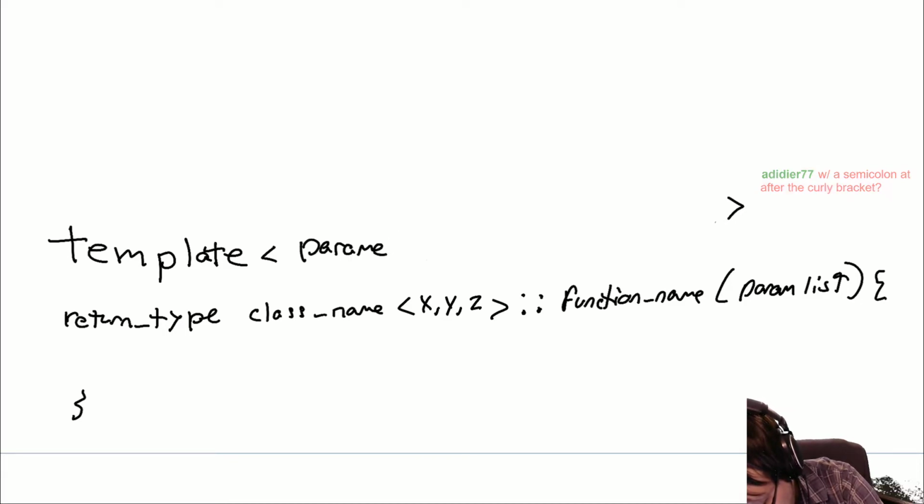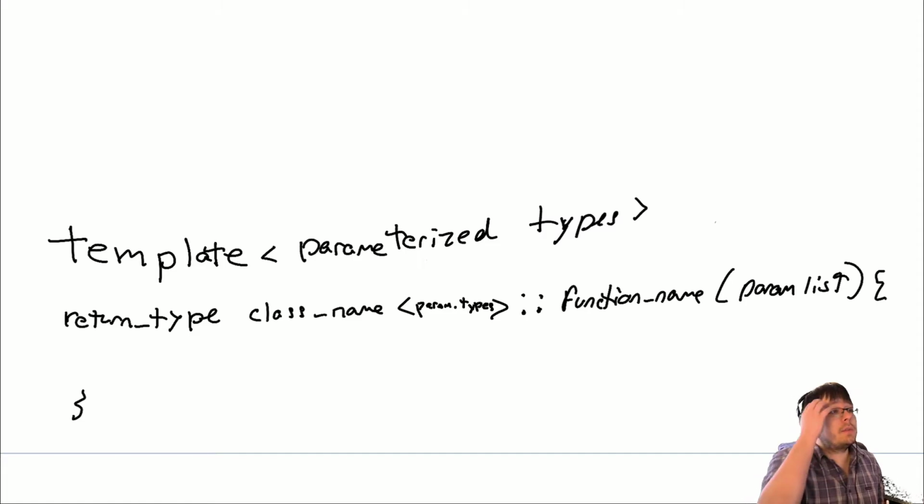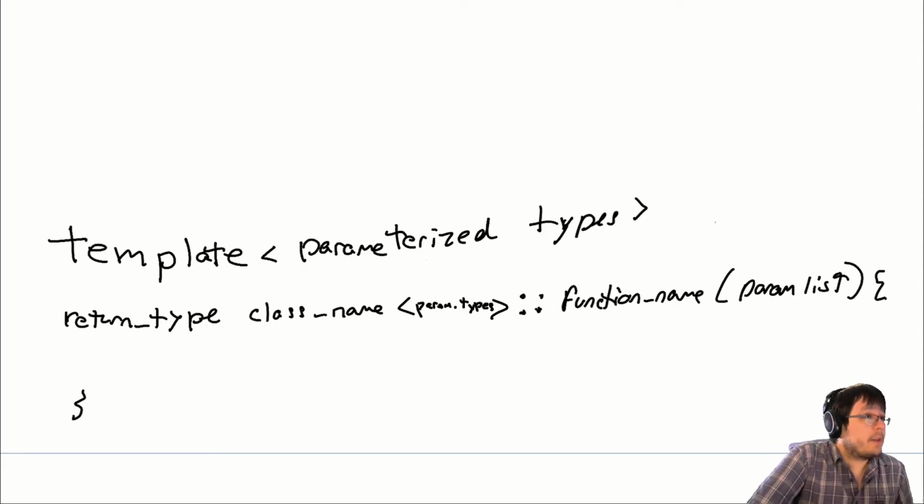Parameterized types. Okay, so that is going to be your example of that.